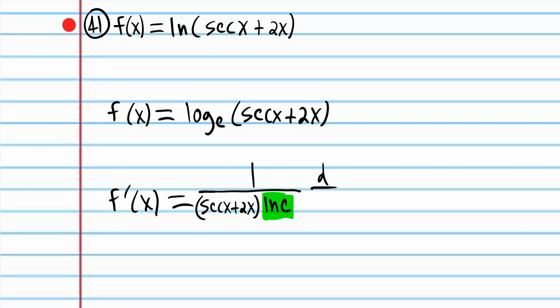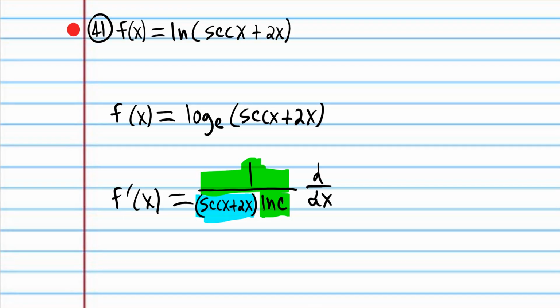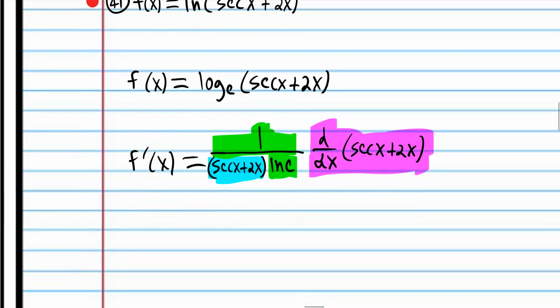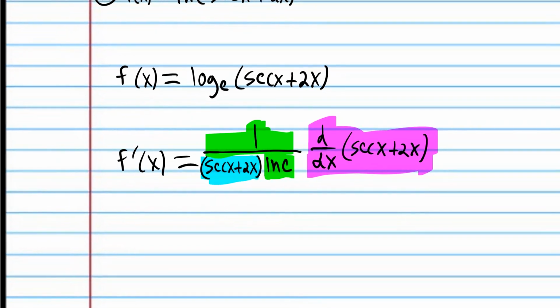But we have to use the chain rule. So we found the derivative of the outside function, we kept the inside function, and then we're going to multiply by the derivative of the inside function. I know that this is very strange, but it's just going to be like second nature to you as you do more and more of these problems.